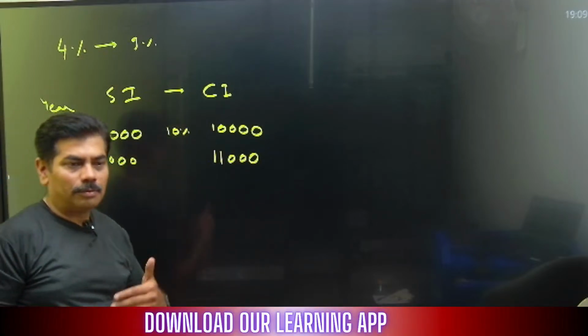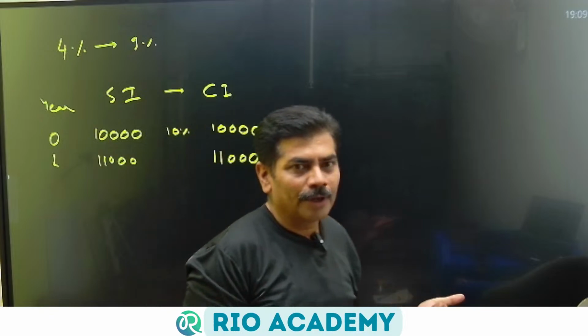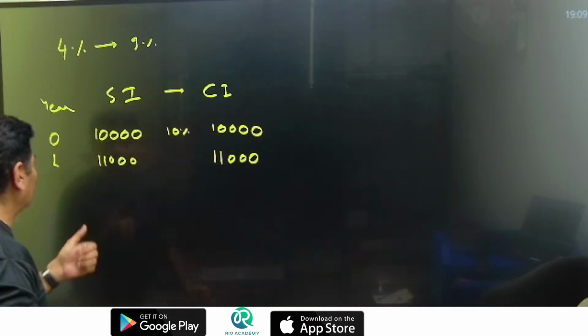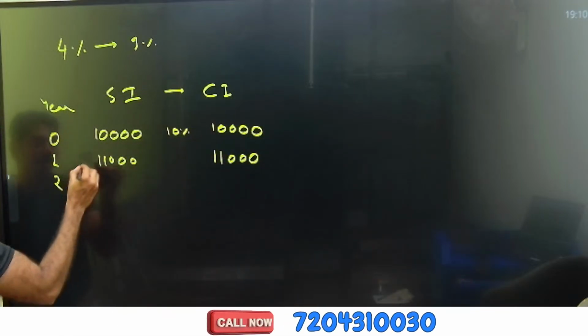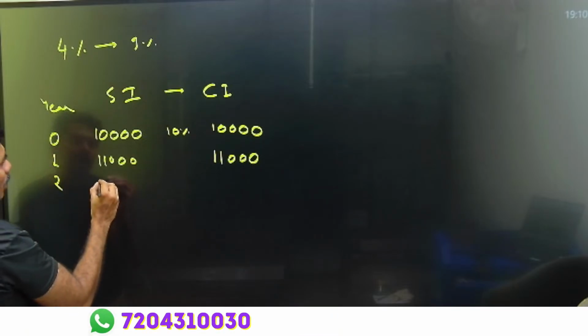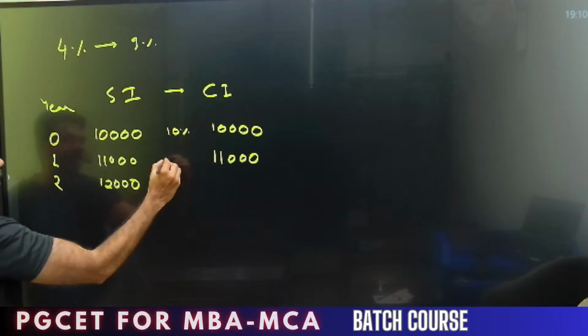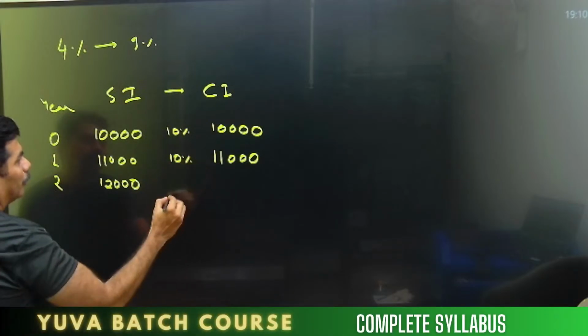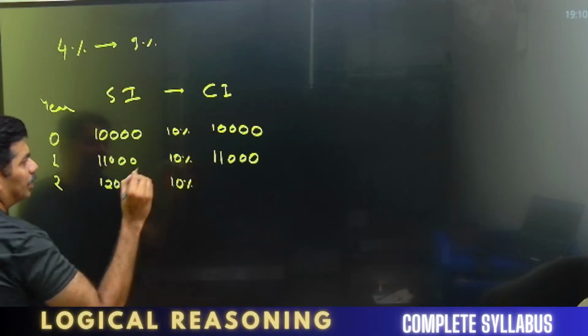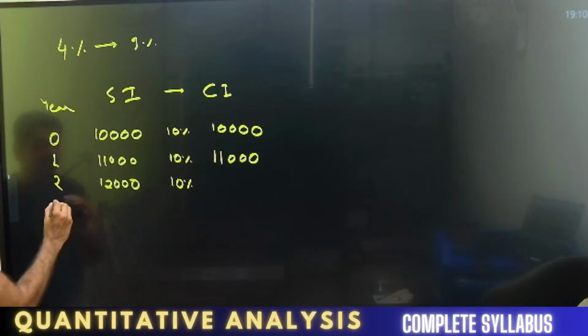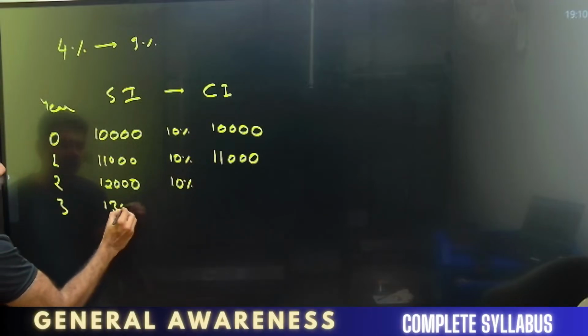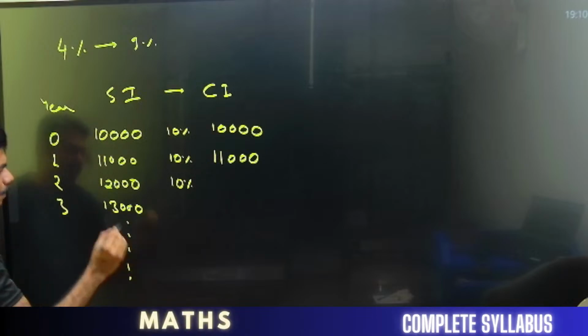Now what happens when we consider the second year? If I keep it in the same simple interest, at the end of second year, I will get 12,000, because I will be getting 10% every year. So third year, it will be 13,000 and so on.